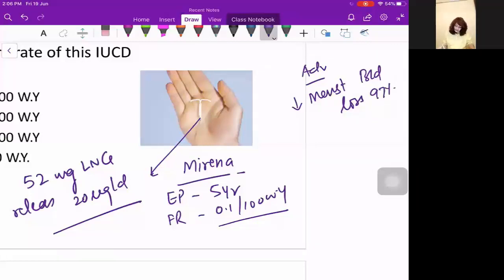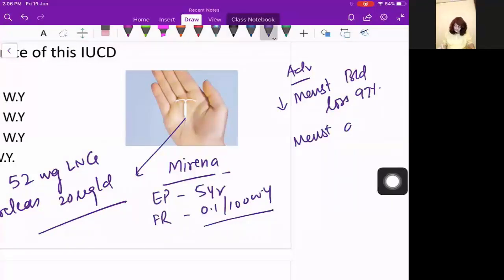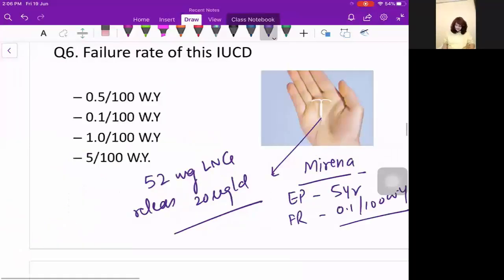So it is very useful in menstrual disturbance patients, like dysfunctional uterine bleeding. It is also useful in the patients of premenstrual syndrome, in endometriosis. So in modern times, it is just an alternative to hysterectomy in many of the cases.